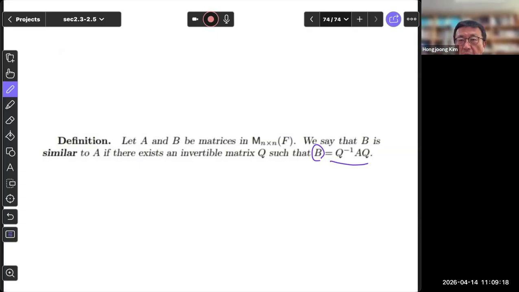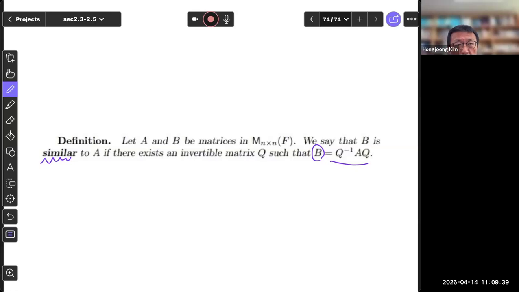Now if that happens, then we say A and B are similar. So we say A and B are similar if there exists an invertible matrix Q such that B equals Q inverse times AQ.